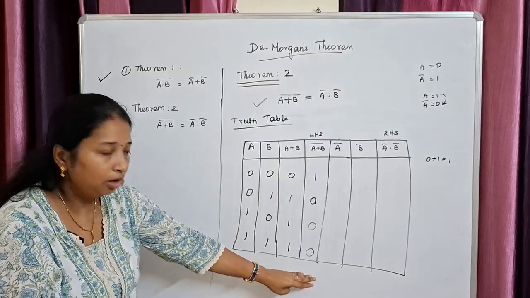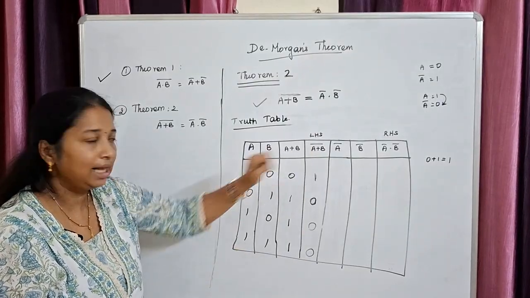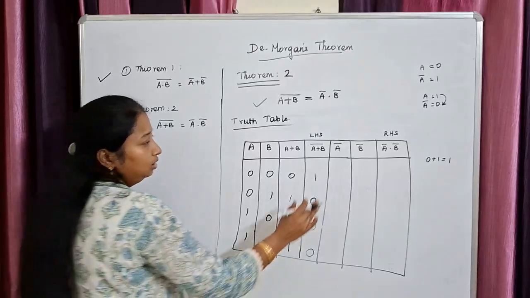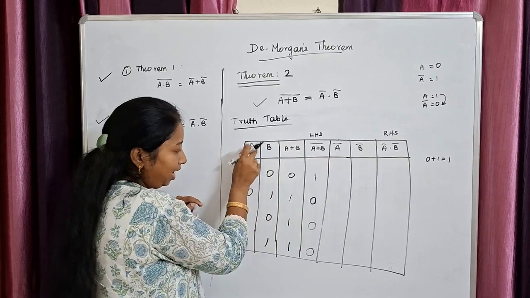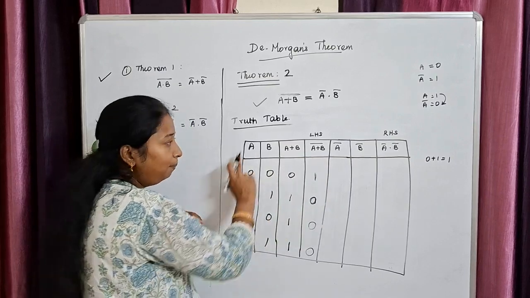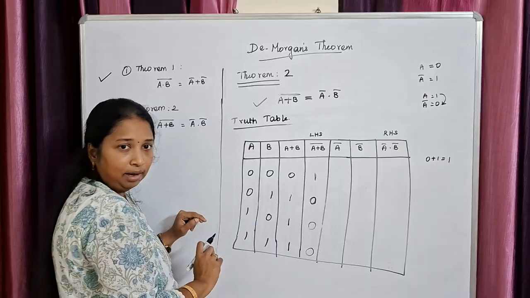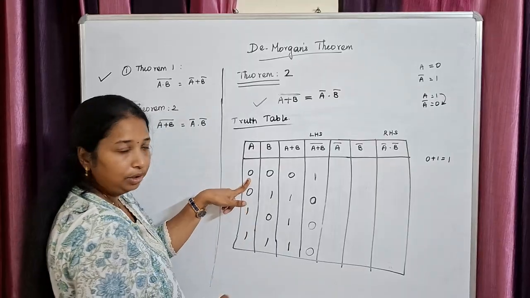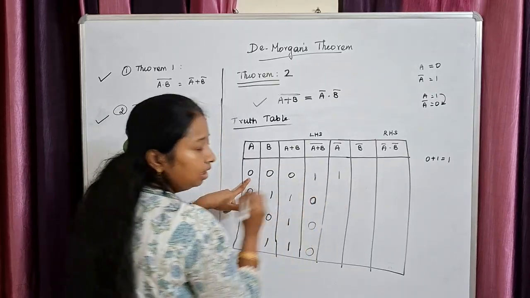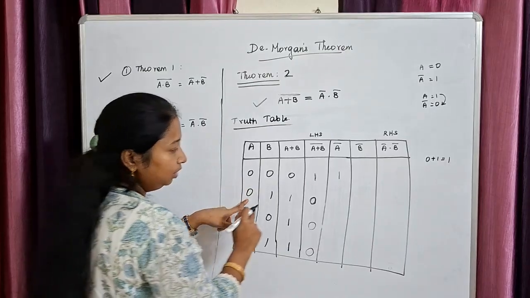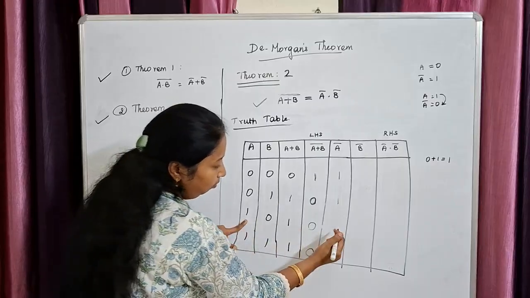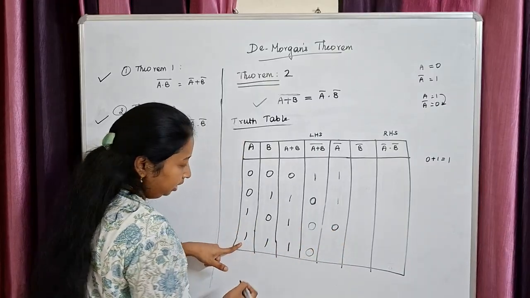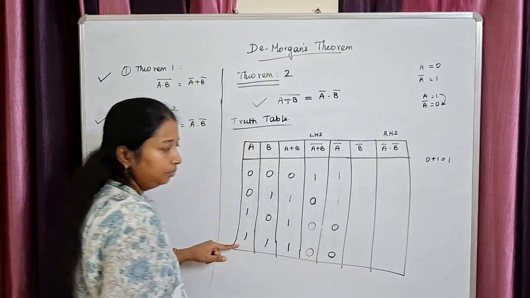Now I have got all my values for my LHS. Fine. Now start filling the next column. It is A bar. A bar means whatever values I have for A, the complement of it will come in A bar. Check for A, it is 0 here, so the complement of it is 1. Here again, it is 0, so the complement of it is 1. Here, it is 1, so the complement of it is 0. Here again, it is 1, so the complement of it is 0.